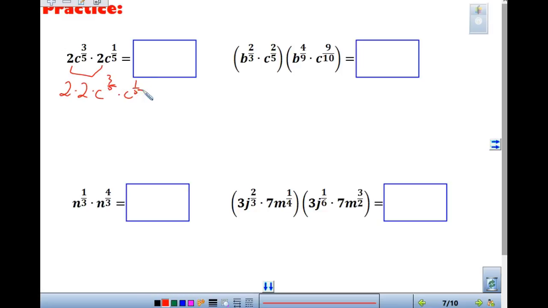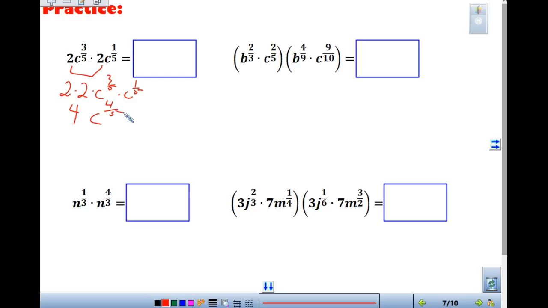So when you add exponents, we see we have same bases here, same bases here. How did you simplify after this? Yep, so we have 2 times 2 is 4, and then we add our 3/5 and 1/5, so we have c to the 4/5. Everyone get that?